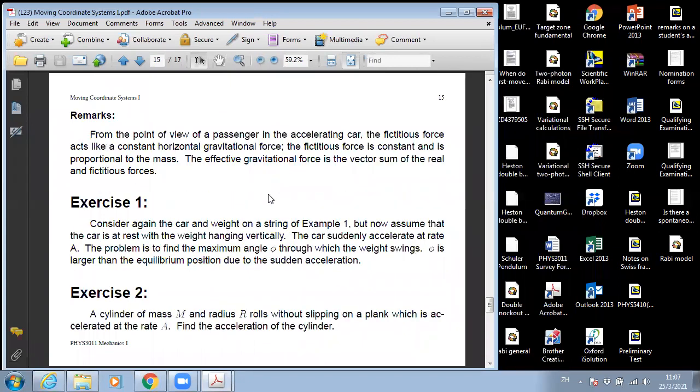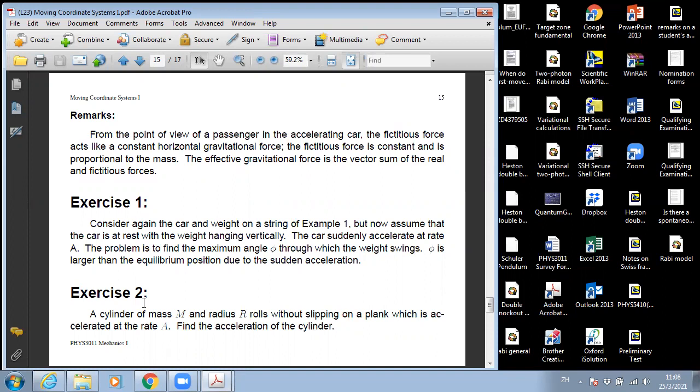Last time we worked on this problem. A cylinder of mass m and radius r rolls without slipping on a board, right? Which is accelerated at the rate a. I ask you to find the acceleration of the cylinder.